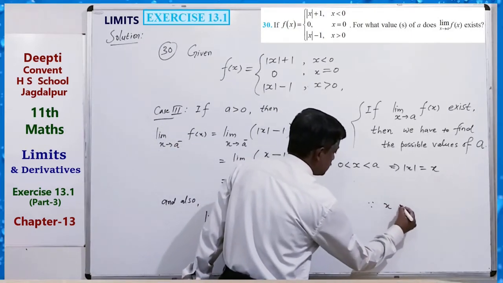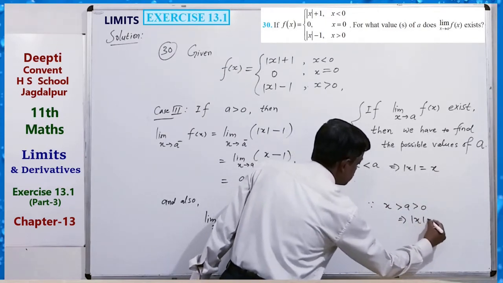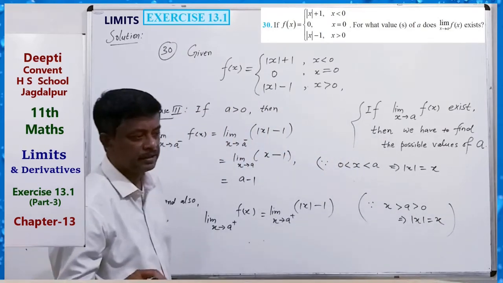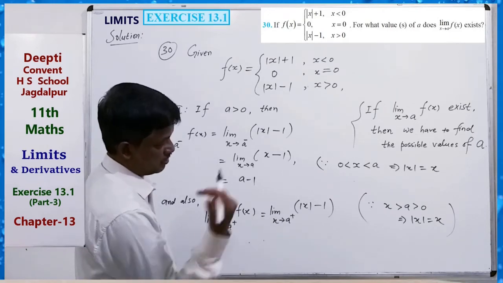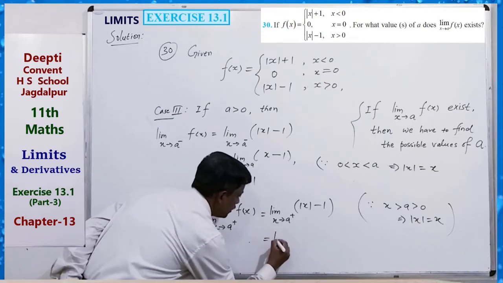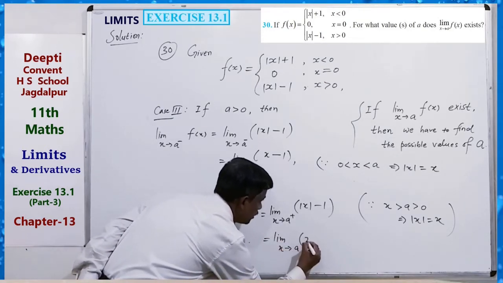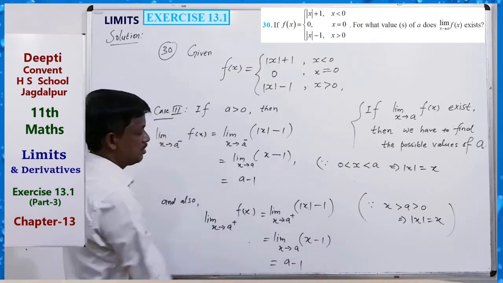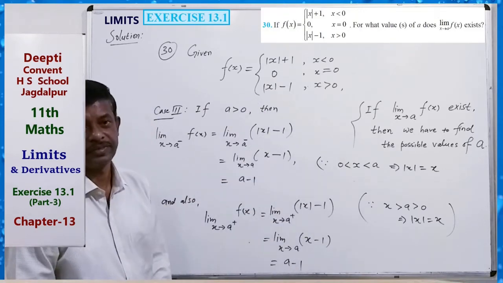Since x is greater than a is greater than 0, mod x equals x. So we can write limit x tending to a of x minus 1 equals a minus 1. So here we see that limit exists for a greater than 0.